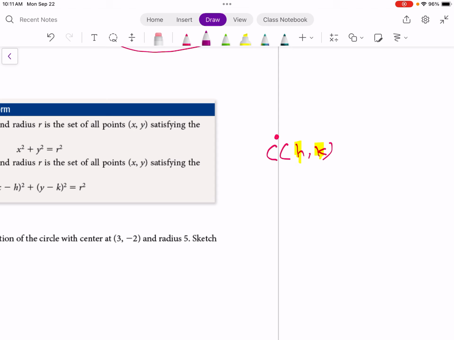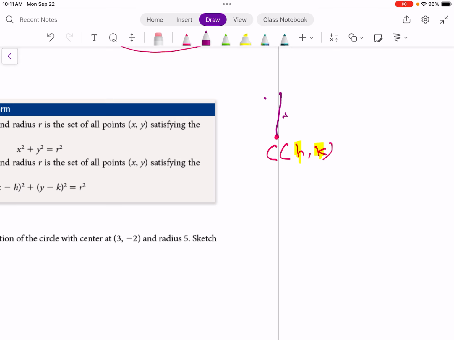Now from this fixed point, let's take another point at some distance r. So we have this point, and this distance is r. Now similarly, let's collect another point at the same distance r.